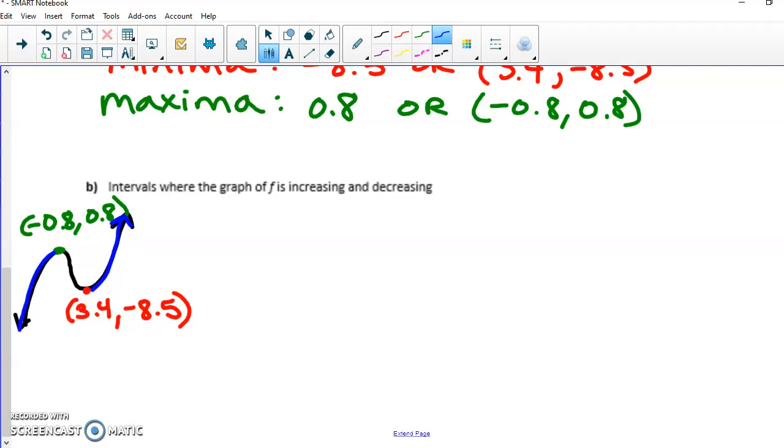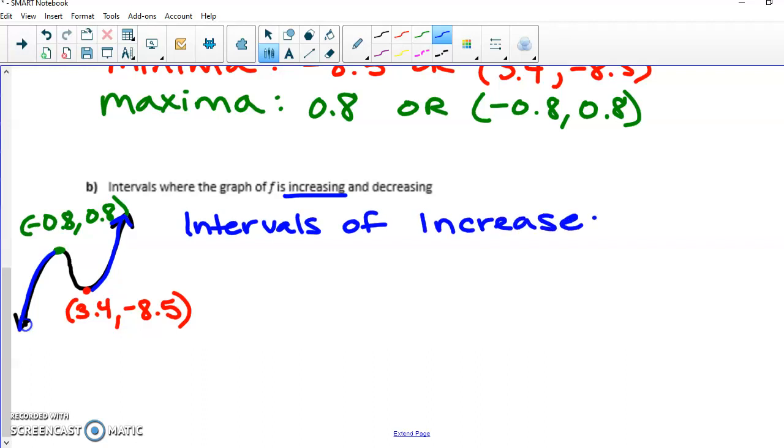So where we are increasing, our intervals of increase, or where our graph is increasing, would include both of those parts of our graph. So we have from negative infinity to our value here.